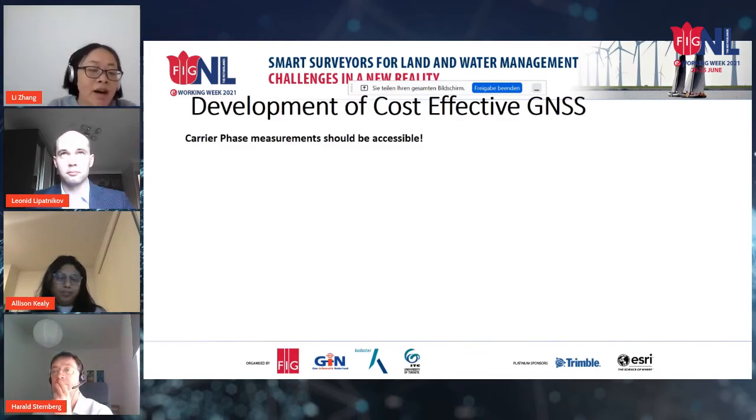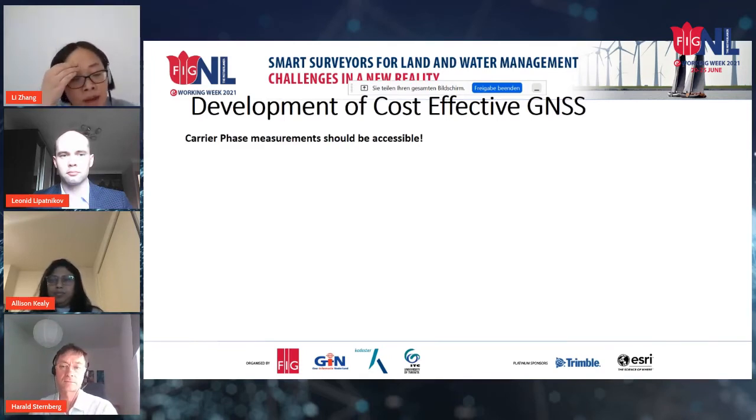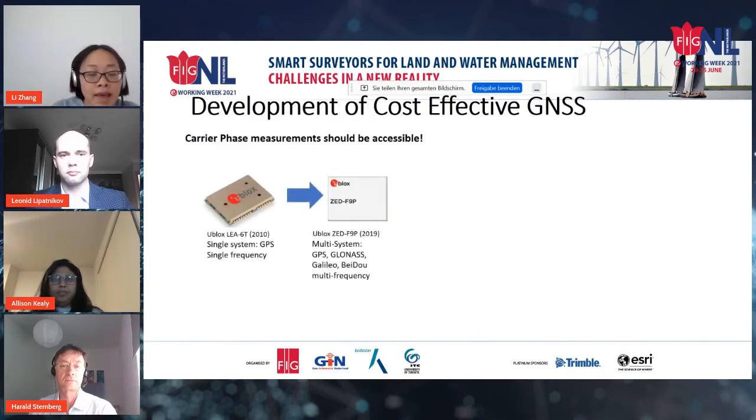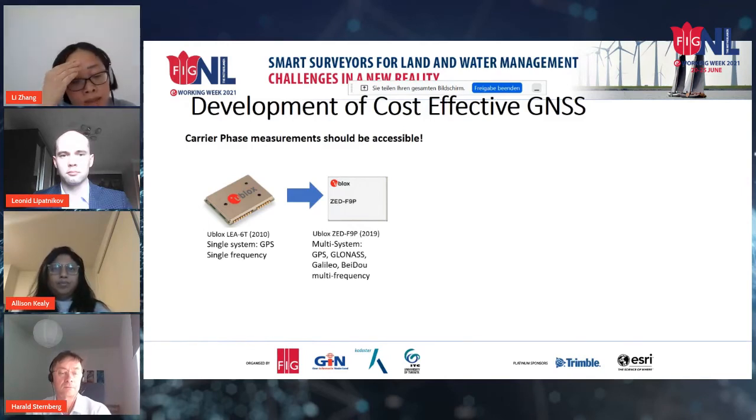I think you know that to get centimeter to decimeter level accuracy from GNSS, the key is that you need the carrier phase measurement. It should be accessible. At the beginning, maybe about 20 years ago, the carrier phase measurement was only accessible on geodetic receivers.